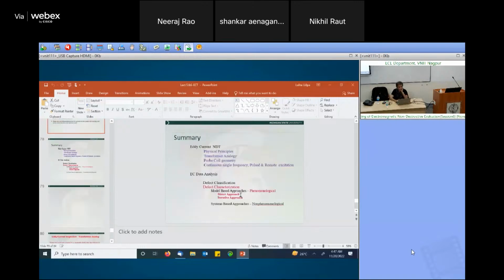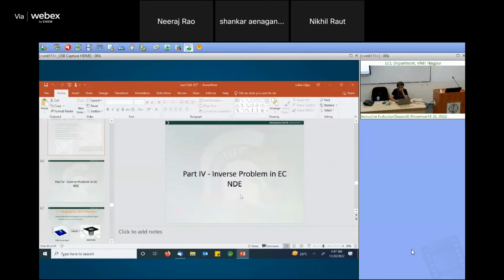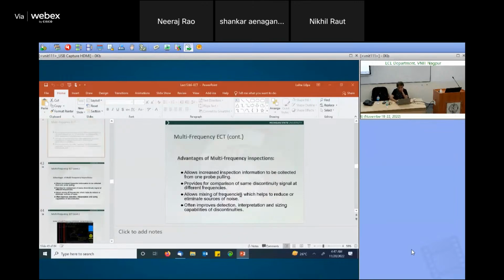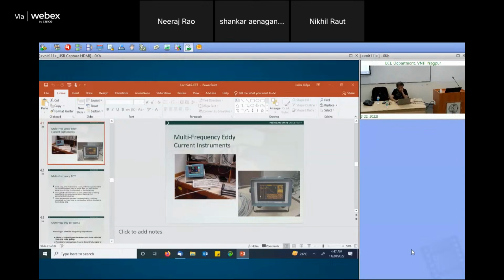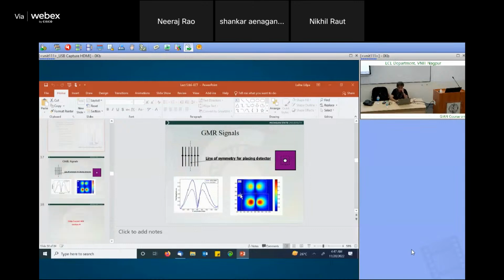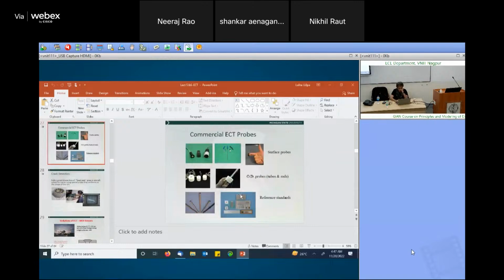Okay, I had one place where you have differential coils. Differential coils are typically for the tube geometry. OD probes, okay. These big probes, the bigger the size, the lower the frequency.